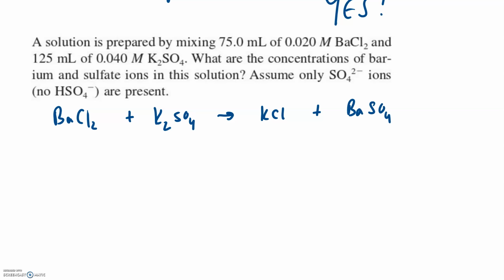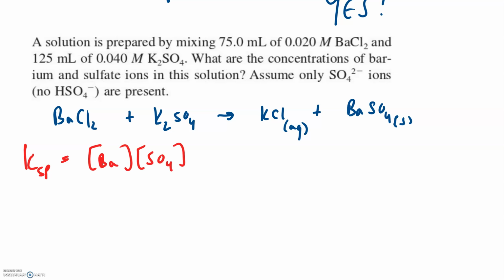It's safe to assume that nothing involving potassium or chlorine is going to produce a precipitate, but the barium and the sulfate will. So what we want to find out is, are we going to get precipitation? Let's assume that we know the KSP for this particular solution. KSP would be equal to, obviously, barium and sulfate.